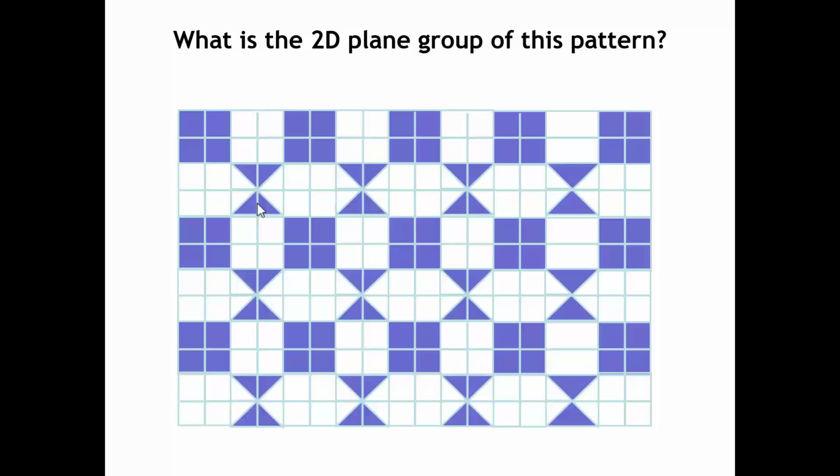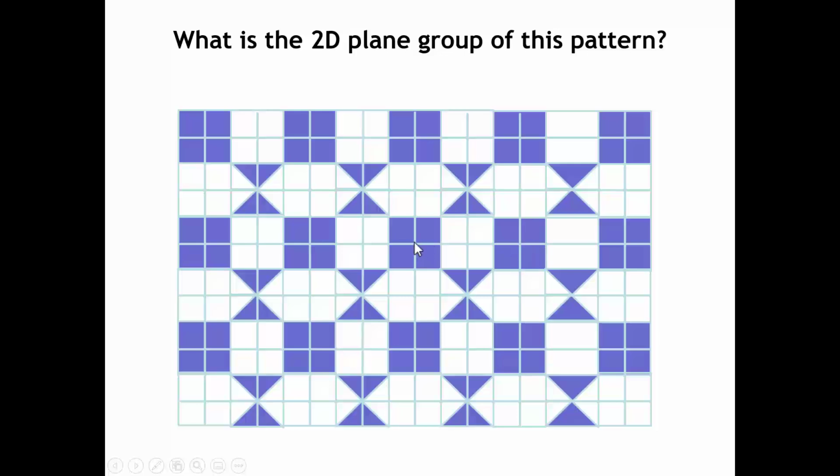Okay, welcome back. It's a little bit tempting to look at this and say, I have these squares here, so I must have a 4-fold rotation axis. And if I had a 4-fold rotation axis, my unit cell should be a square, and my plane group should be one of the square plane groups. But a little closer inspection reveals that there's actually not a 4-fold rotation axis in this pattern.